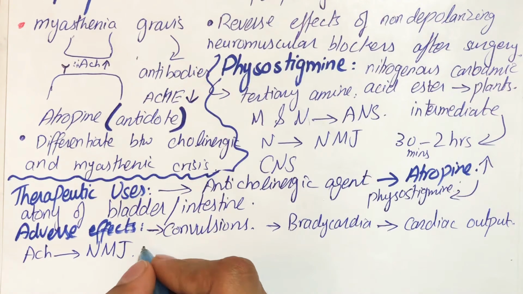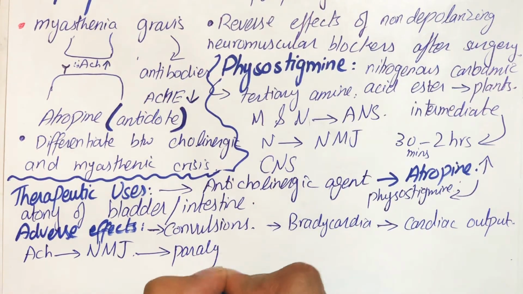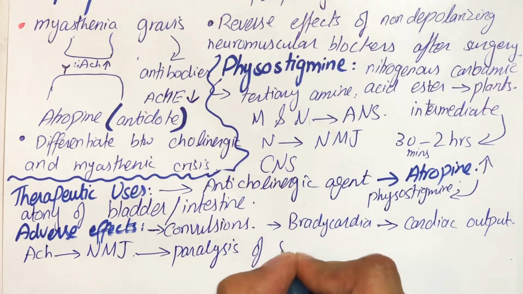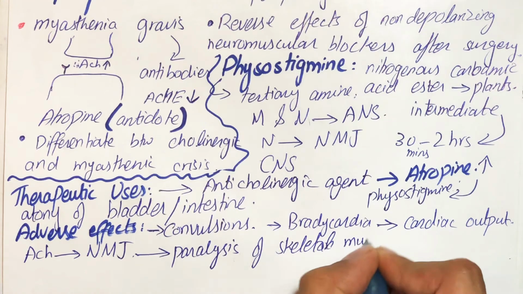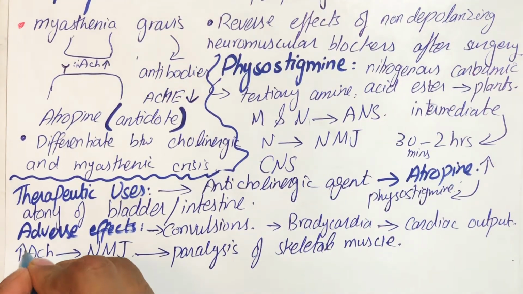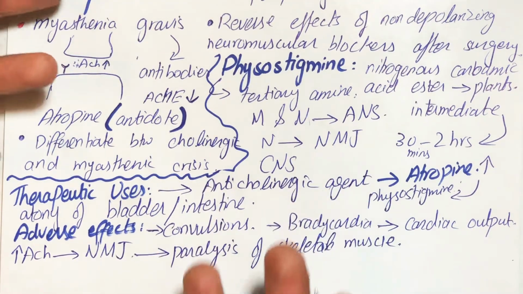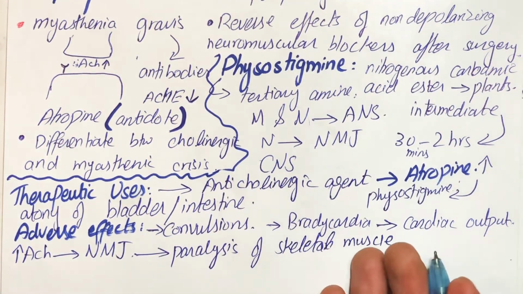The accumulation of acetylcholine can lead to paralysis of skeletal muscles. As we know, when there is production of acetylcholine, there is contraction of skeletal muscle.